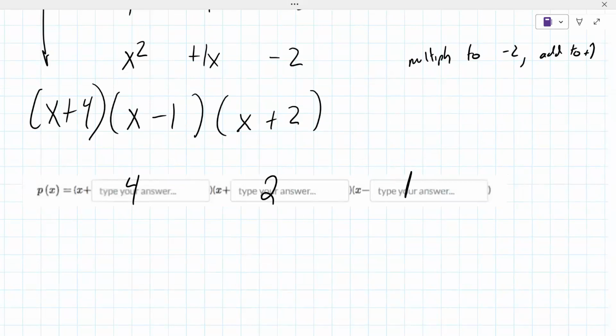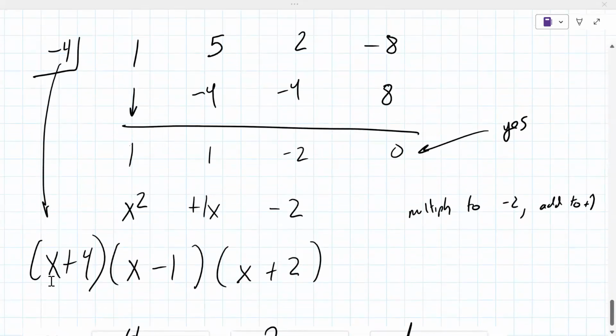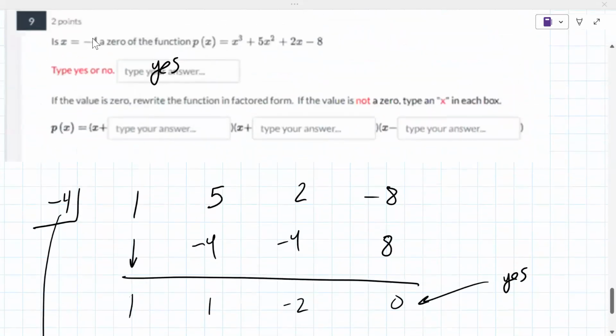Is that okay? Okay, wait, I'm just confused where you got the x plus 4 from. So when you said x plus 4 equals 0, it comes from the one that was given. Okay, that makes sense.